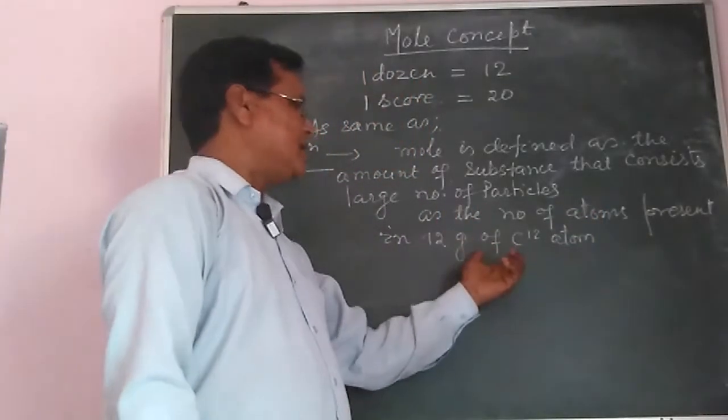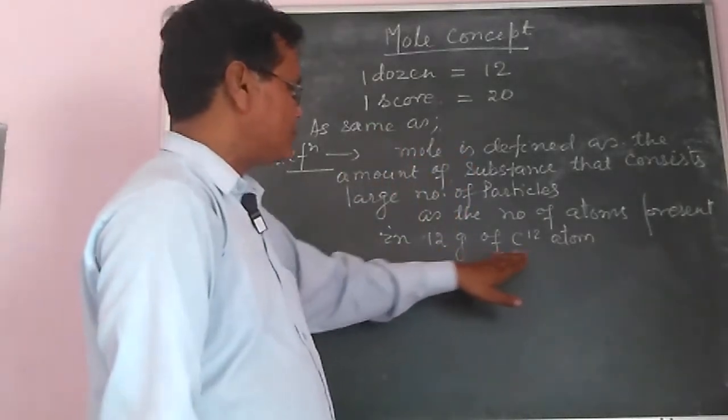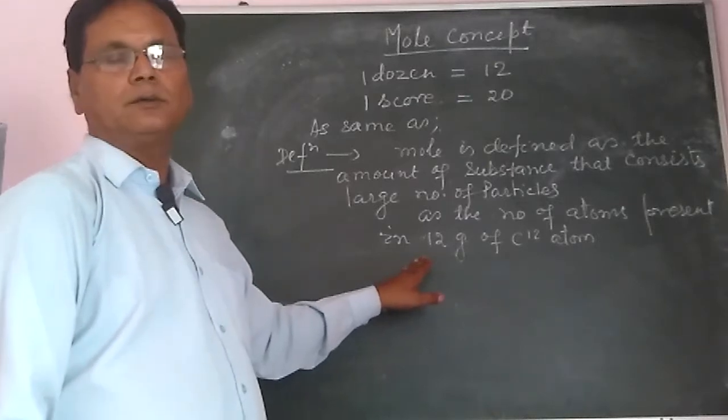It means how many particles are present in 1 mole, we can find out with the help of this 12 gram of carbon atoms.